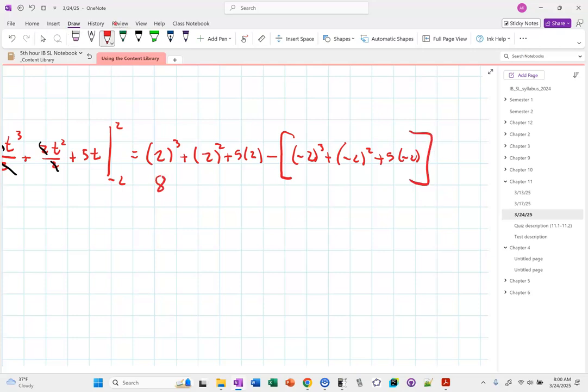So I have 8 plus 4 plus 10, that's 22. And I have minus a -8 minus a +4 and then minus a -10. So that's going to be 30, 40 minus 4, so 36.